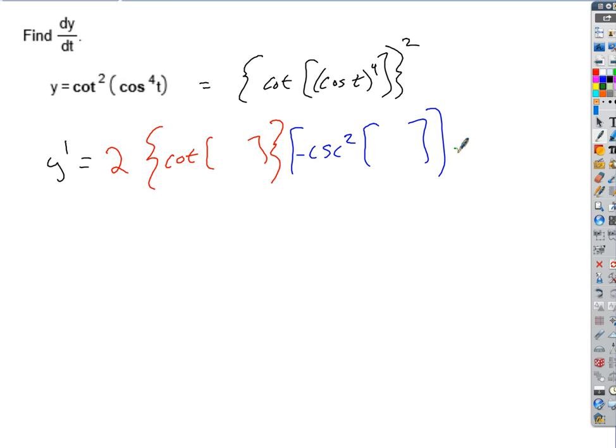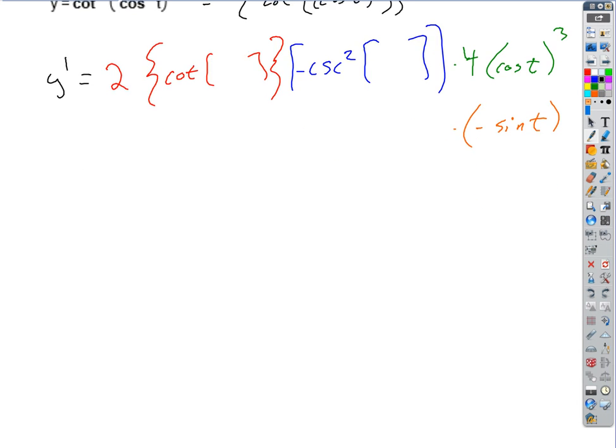Inside there I've got something to the 4th, so that's going to be 4 times something cubed, and the something is just a cosine t. And then finally, the last layer would be inside the cosine. What's the derivative of cosine? Negative sine. Okay, and so how would we write this? Negative times negative is positive. I've got a 4 times a 2.